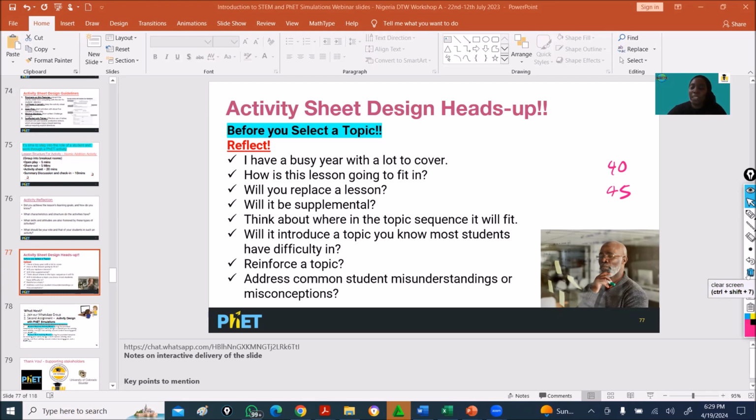Anyone, you can unmute and give your opinion at this point. Okay, I see thumbs up, but someone speak, or unmute and speak. Let me hear your experience about a topic that students have been having problems with. Maybe you are teaching SS3 and there's a topic from SS1 that is disturbing your class.